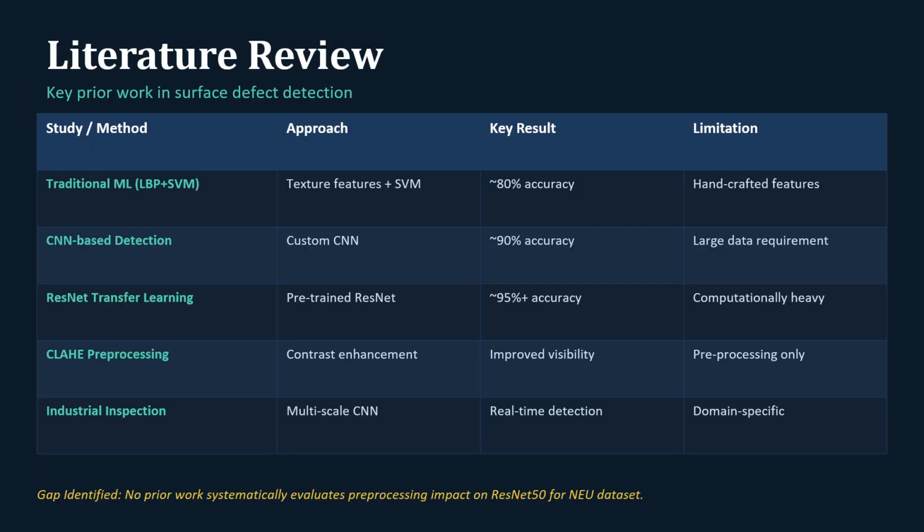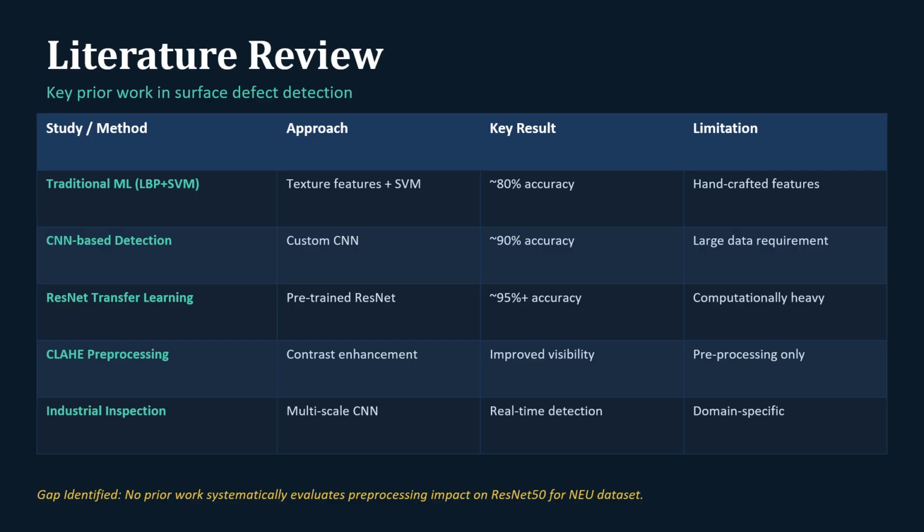Now, let me briefly discuss the existing research in this area. Early methods used handmade features like LBP, which were then fed to models called SVM, and these methods gave around 80% accuracy, but they required a lot of manual work to define the features. Then came CNN-based methods, which learned the features automatically and got better results, around 90% accuracy.